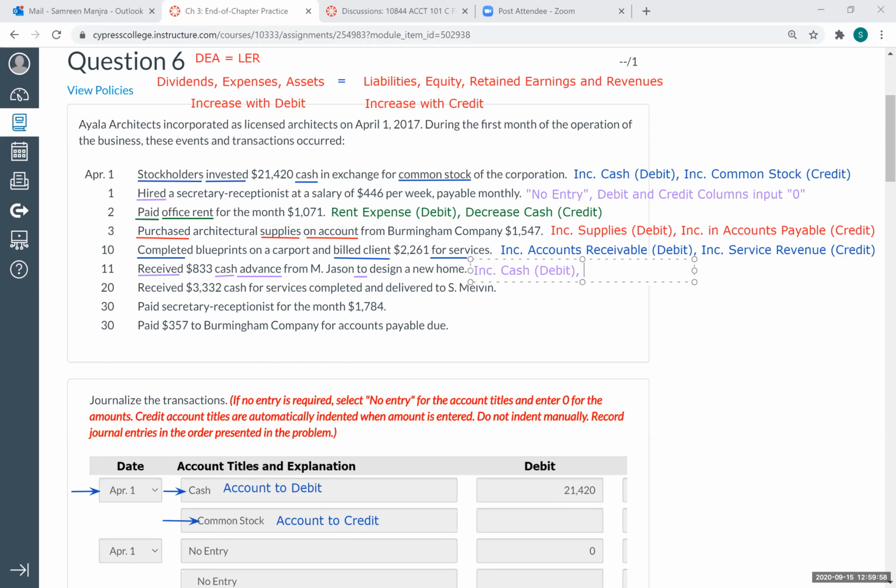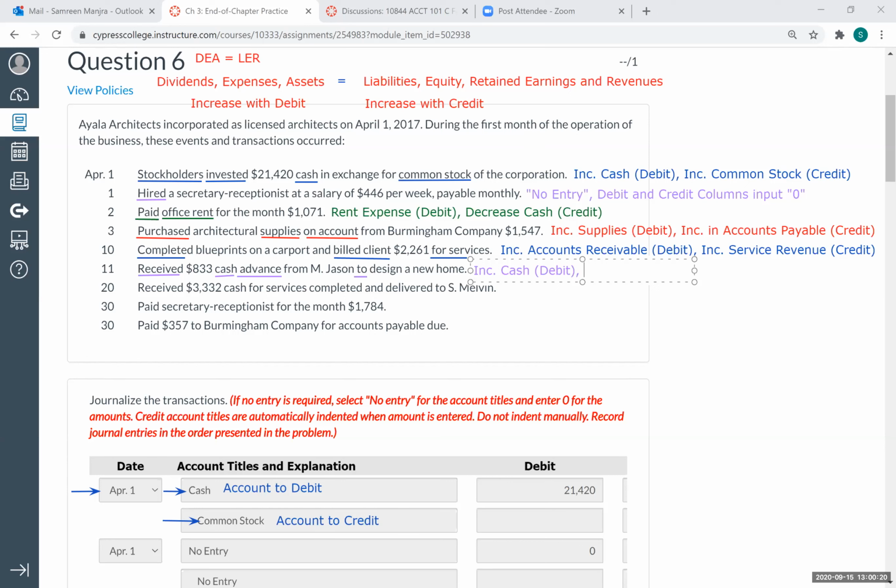I also need to note that there's a reason why I received the cash, and I need to perform the design services for the new home. And because I have not designed it yet, I have not provided the service, I now have a liability.